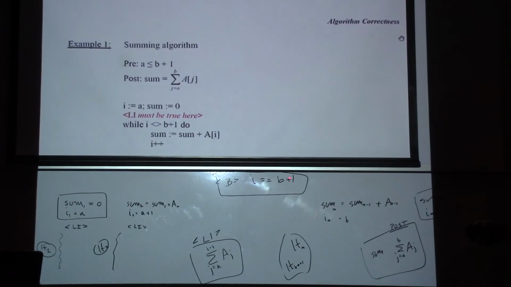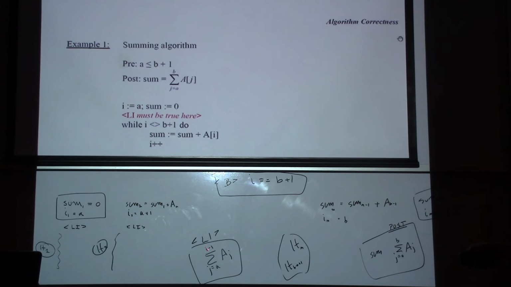And if the value of I is B plus 1, then I minus 1 is equal to B plus 1 minus 1, B, which is the A to B sum, which is the post condition.